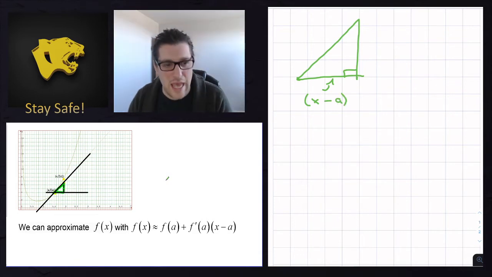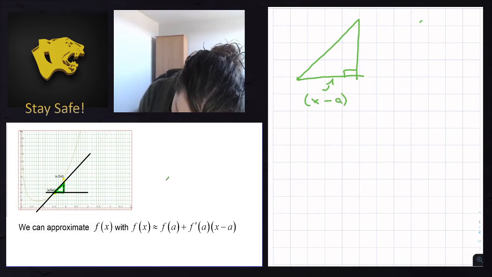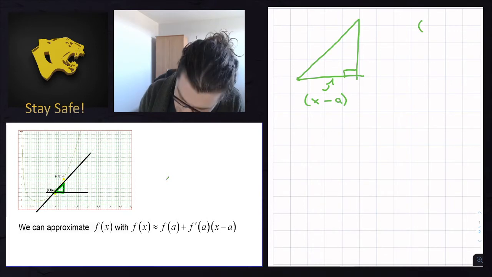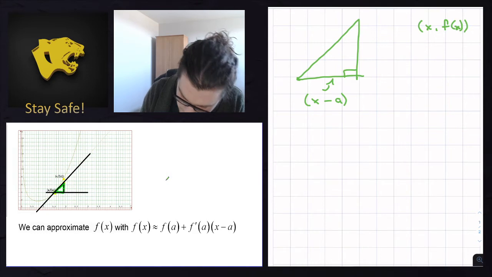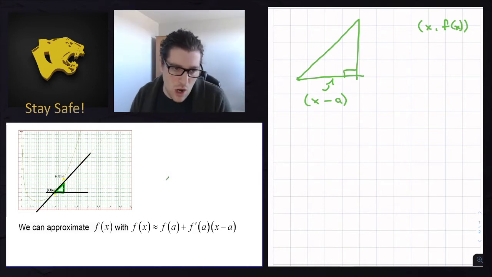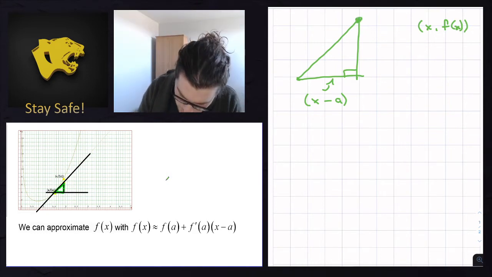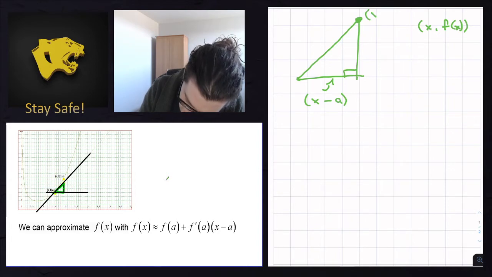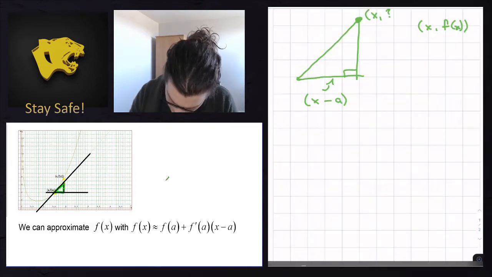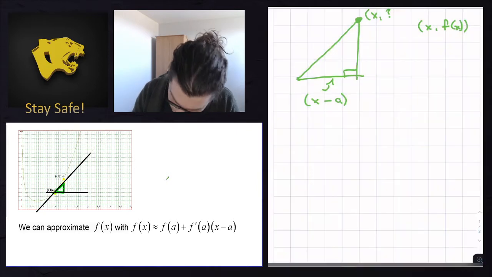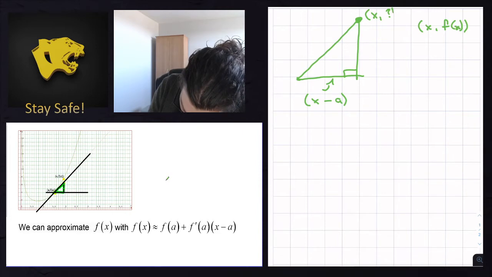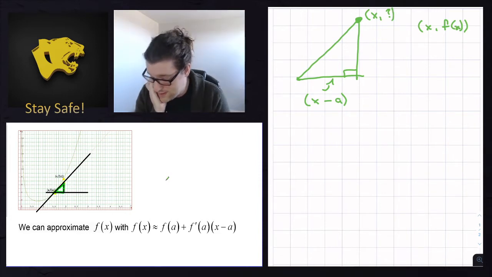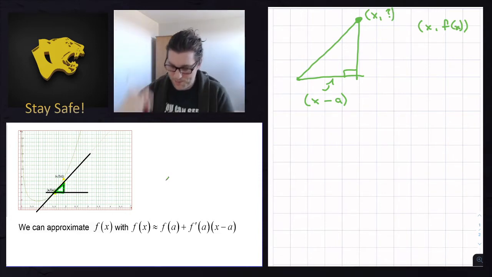Because if we look at the second point, it is at x comma f at x for the original function, but that top corner of our triangle is at x comma, I'm just going to put question mark for now.